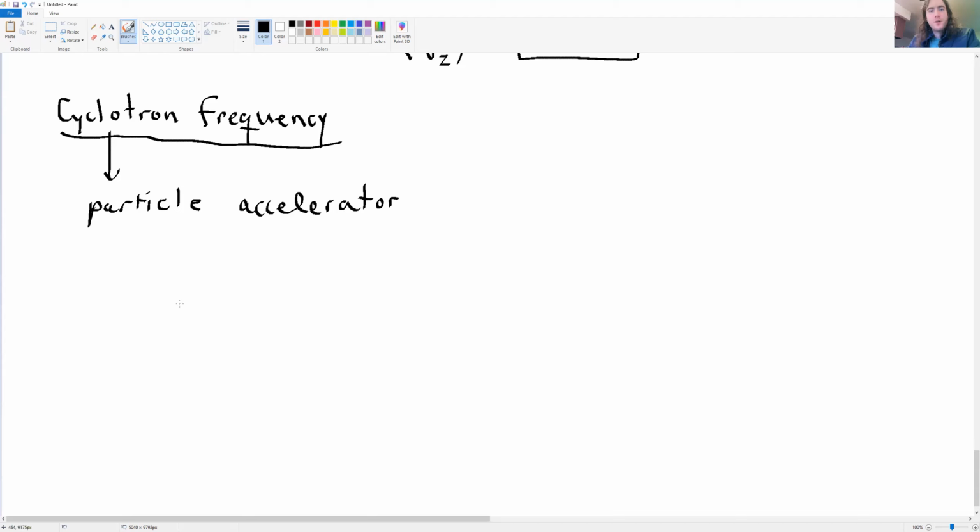And the cyclotron frequency is defined simply as you would expect. Any frequency can be written as omega over 2 pi, where the frequency is equal to the angular frequency divided by 2 pi. It just so happens that angular frequency is equal to angular speed whenever we have uniform circular motion.